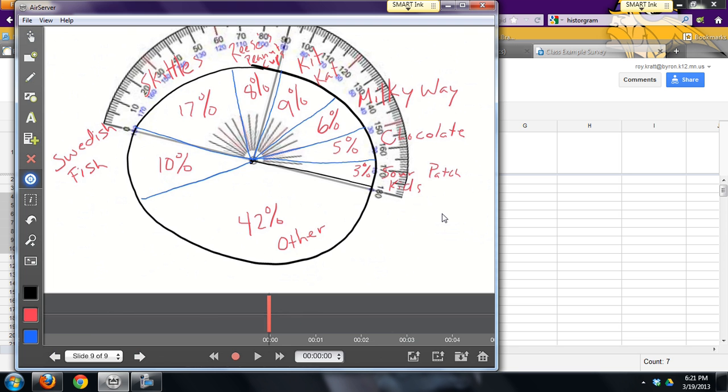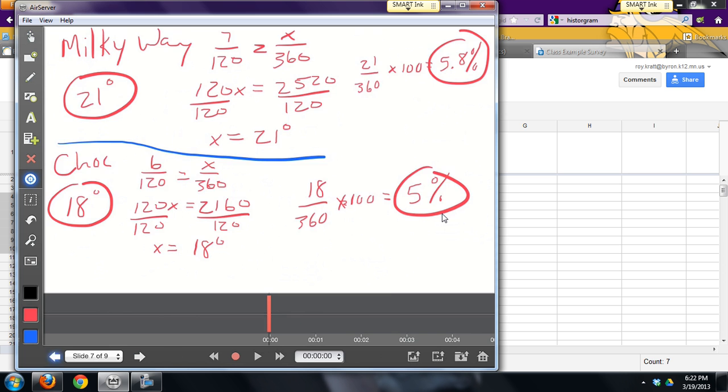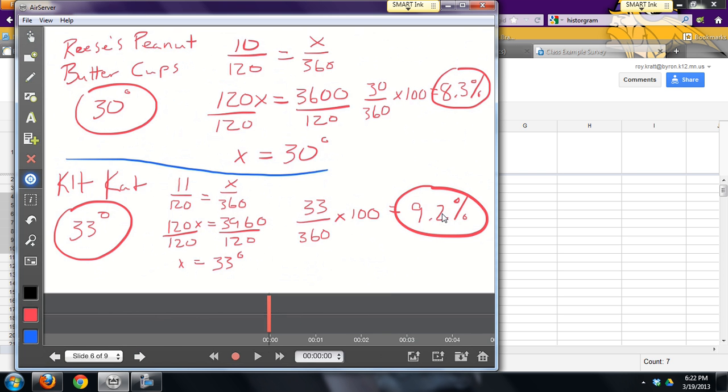I do have some protractors here in class, so if you would like to do it on paper, I can help you do it on paper instead, and then you can just take a picture of your circle graph and we can get it still uploaded into your website. So let me know if you need some help with that, and I can help. But you'll do it on paper the same way that I'm doing it on the iPad.